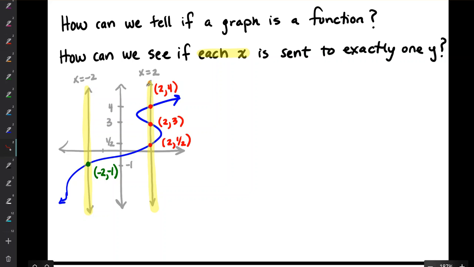Because this vertical line intersects the blue graph more than once, we know we don't have a function, right?